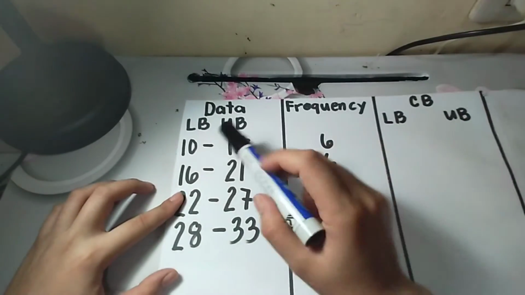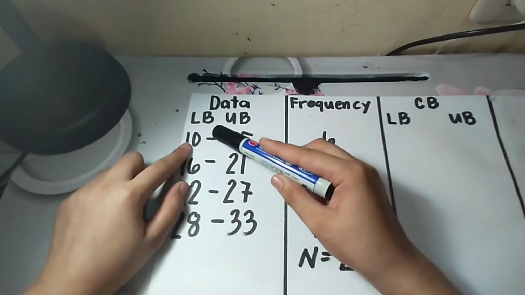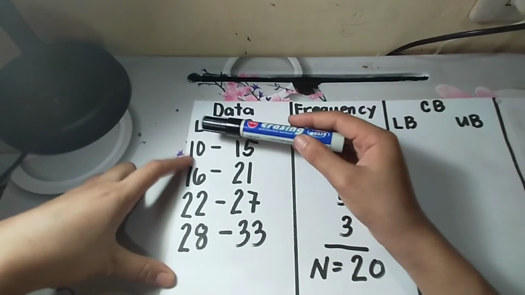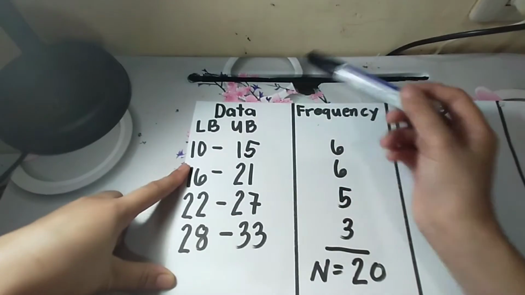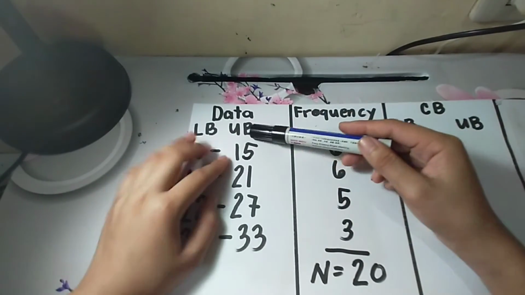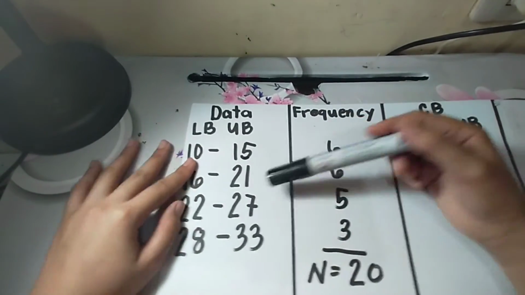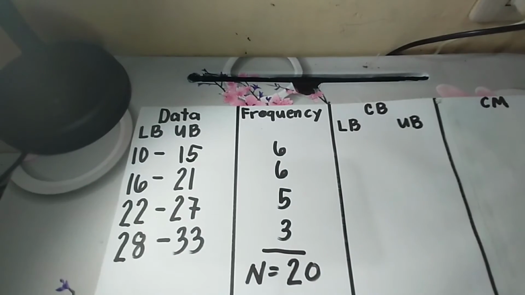So we just need to look at our data. Here we have a lower boundary. Always remember that LB is on the left side and the UB, or the upper boundary, is on the right side. Before we get the CB or the class boundary, we have a formula.